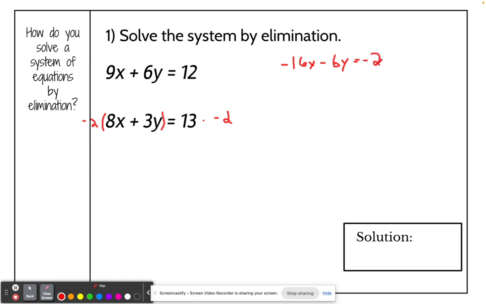I'm going to write the second equation directly underneath this. My 9x, plus 6y equals 12.